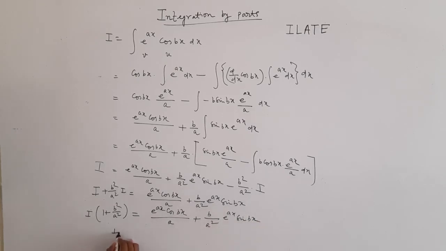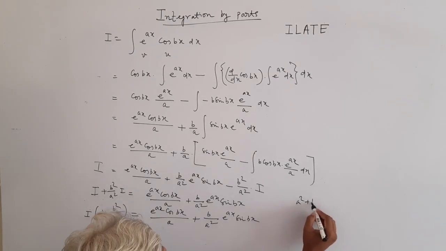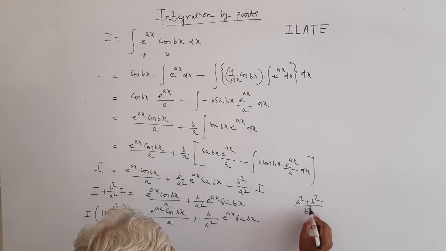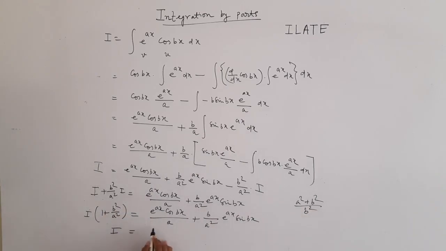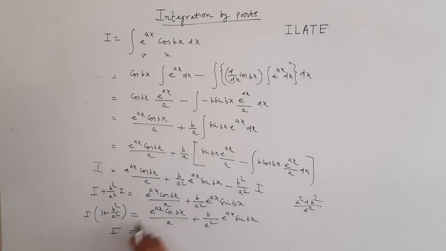So now I write I as, this term is actually a square plus b square upon a square. So if I take this on the other side, a square will go on top and 1 is cancelled. So what you get? 1 over a square plus b square.